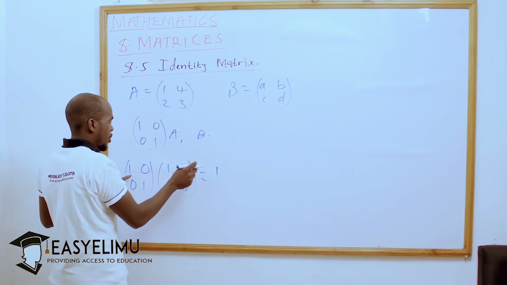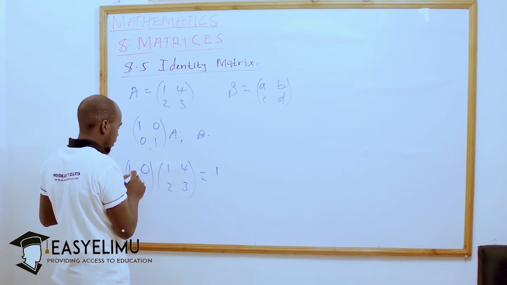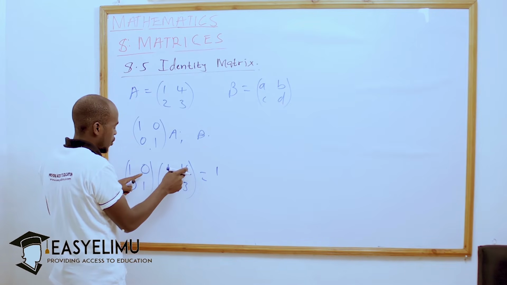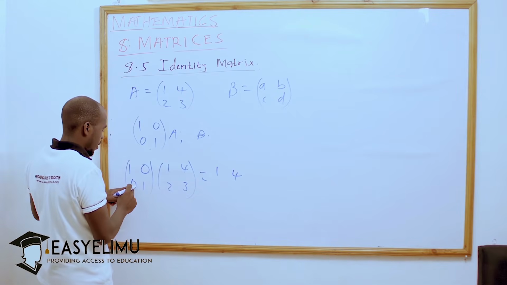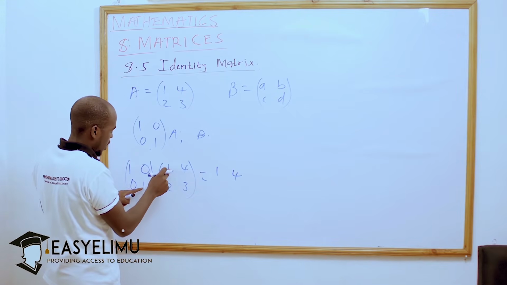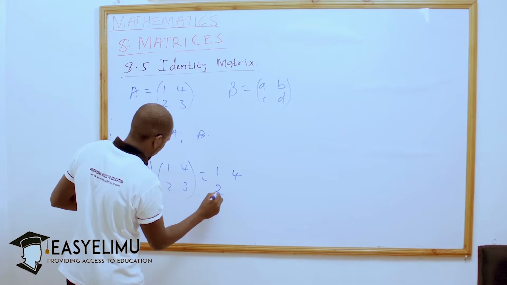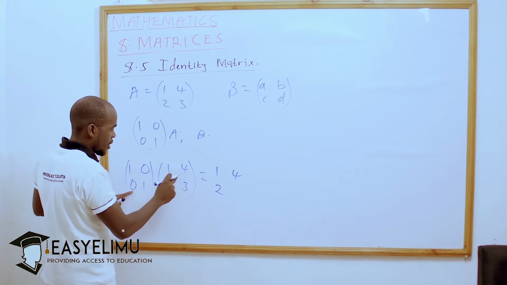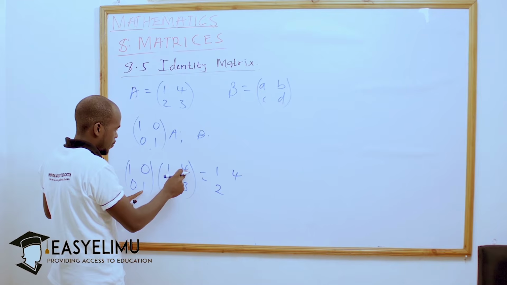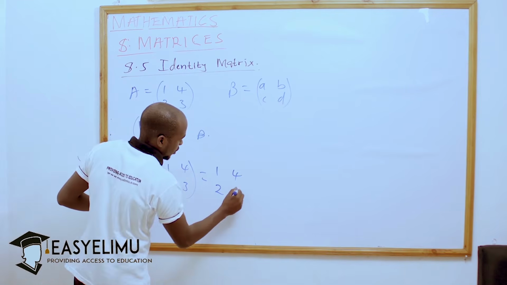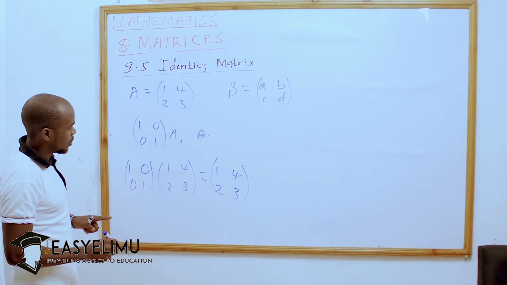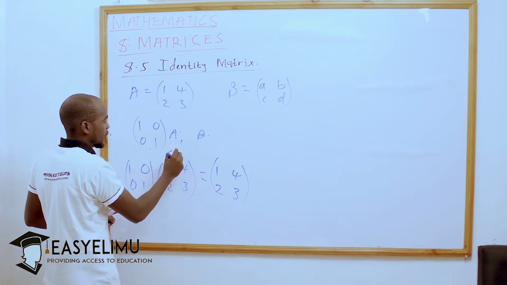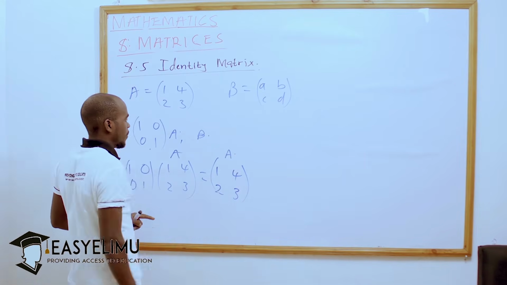Then at the other side, 1 by 4 plus 0 is 4. Then 0 by 1 plus 2 is 2. Then 0 by 4, 0 plus 3 is 3. So we can find it is giving us the same. It's still giving us A.